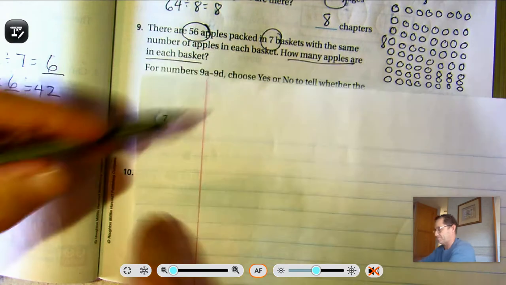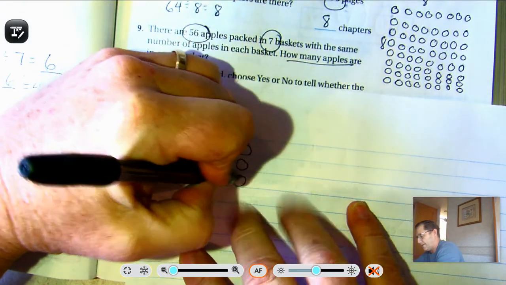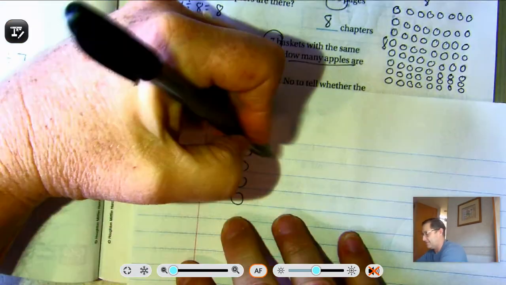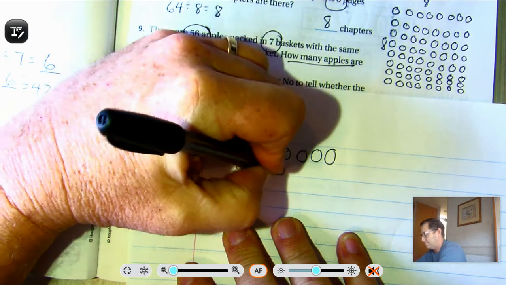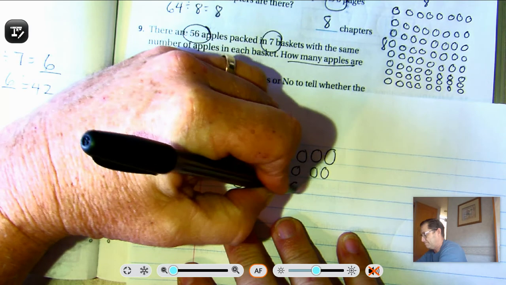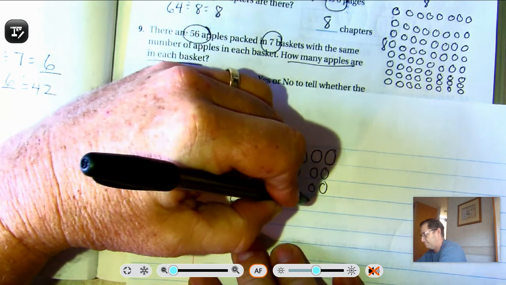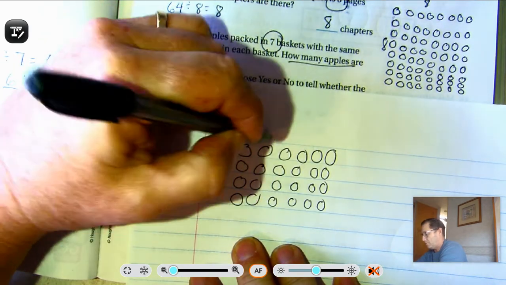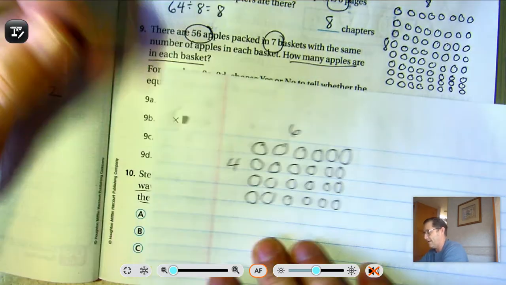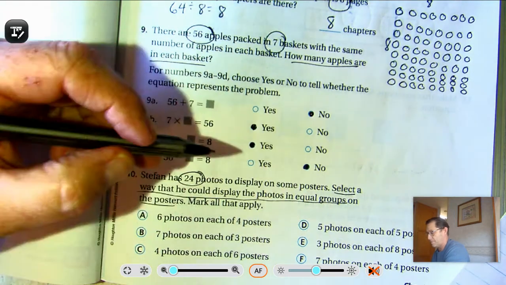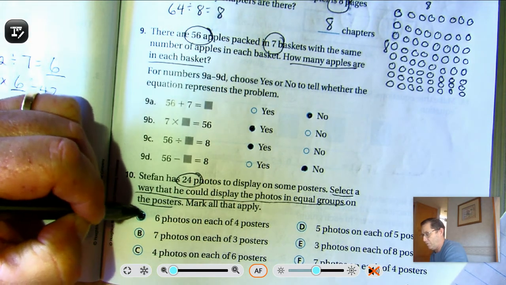Well, let's see. 1, 2, 3, 4, and 6 photos on each. 4 by 6. 4, 8, 12, 16, 20, 24. That adds up to 24. So yeah, he could have 6 photos on 4 posters.